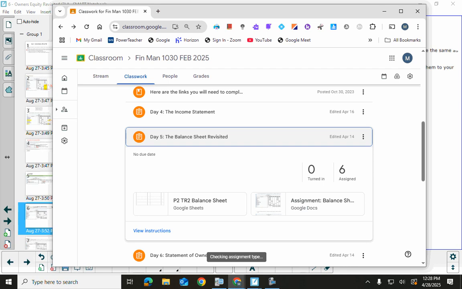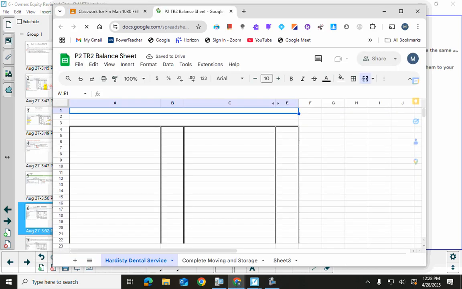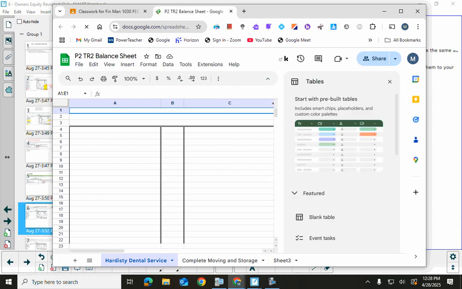The assignment is right here. If you want, split your computer screen so you can see one compared to the other so you don't have to paper flip. When you open up the balance sheet, you'll see the tabs at the bottom. You just do the two balance sheets and submit this one document to me.